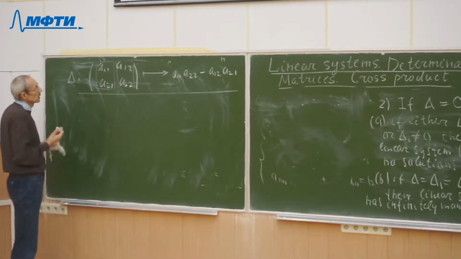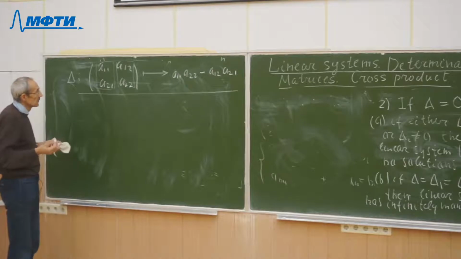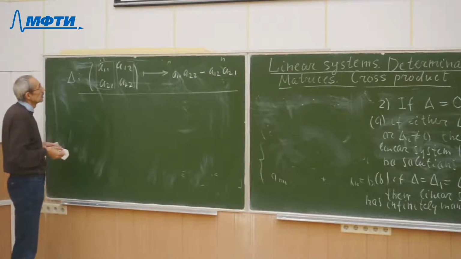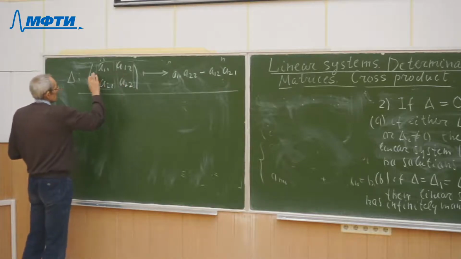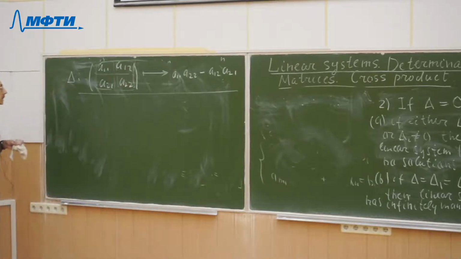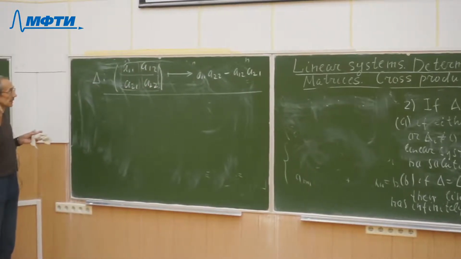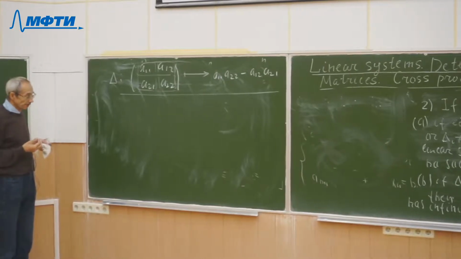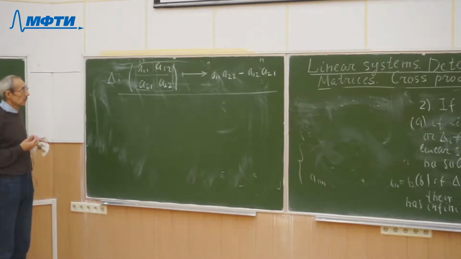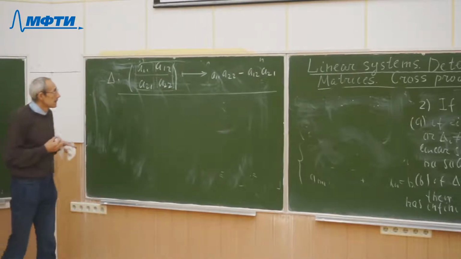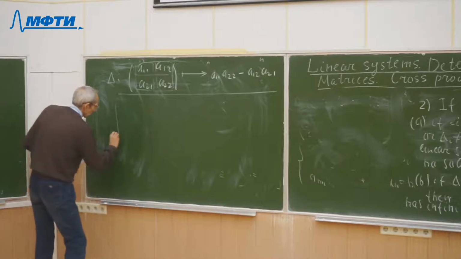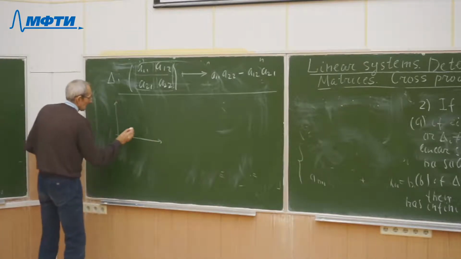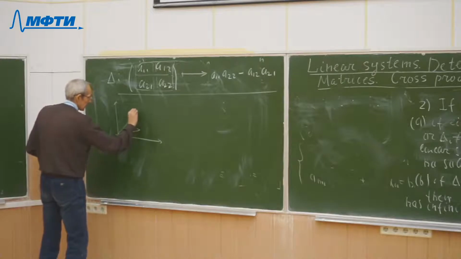A column of the matrix can be presented as a vector, and in the same way a row can also be considered as a vector in the two-dimensional vector space. And these vectors and these vectors.